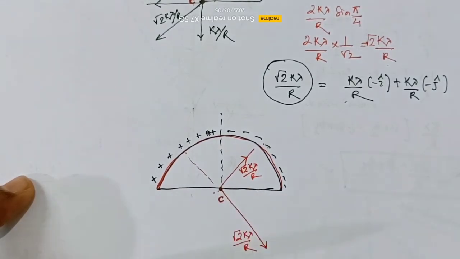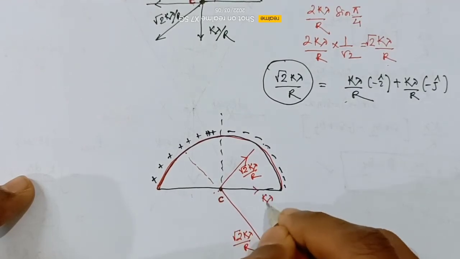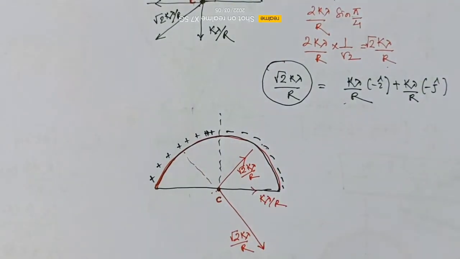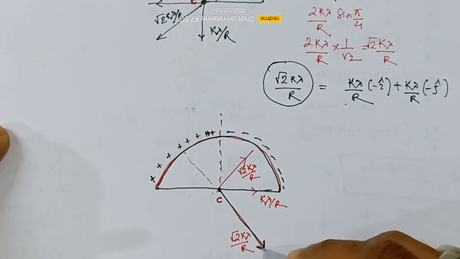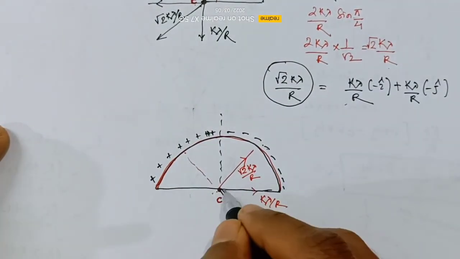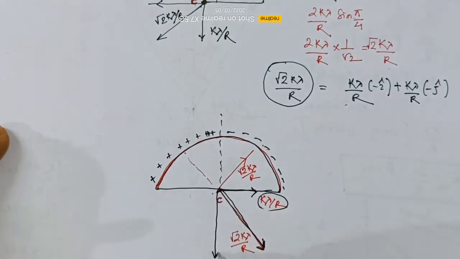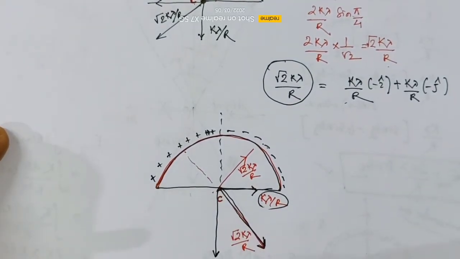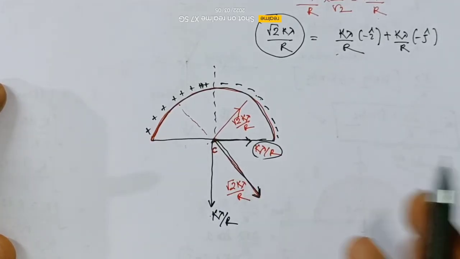If you carefully observe, this component is k lambda by r. If it is root 2 k lambda by r, if you observe these expressions very carefully, here one component is k lambda by r, another component is also k lambda by r. These two components' magnitude give rise to this result root 2 k lambda by r.